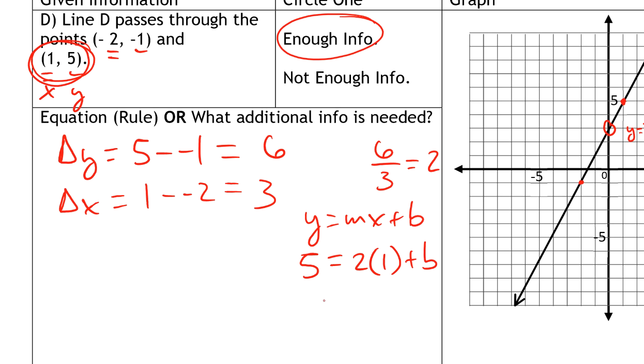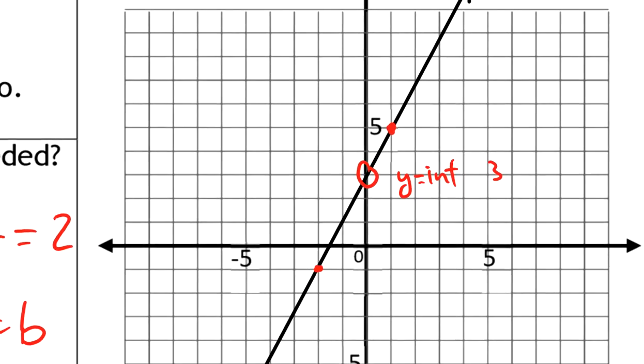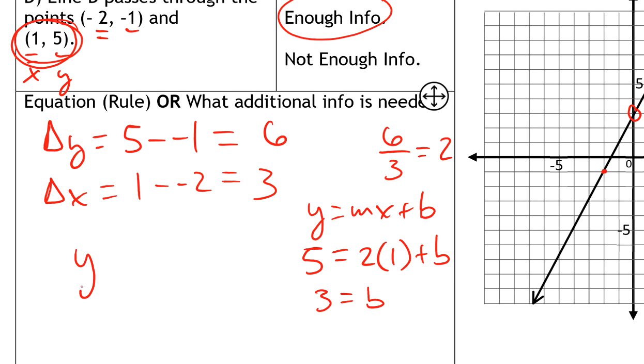And you can see, yeah, I'm taking away 2 from each side, so I get that b really is 3. So now I've confirmed what I see graphically. It appears my y-intercept is 3, and it certainly is algebraically. So the equation of this line is y equals 2x plus 3.